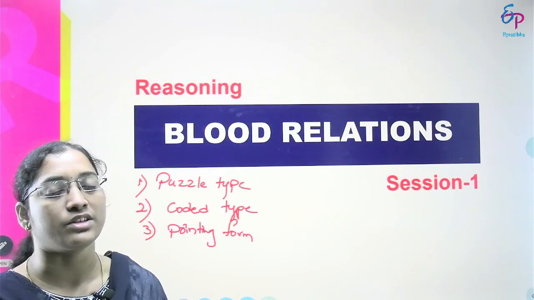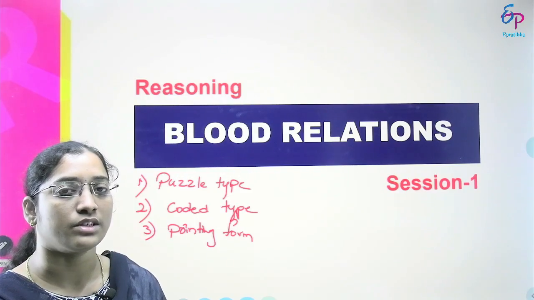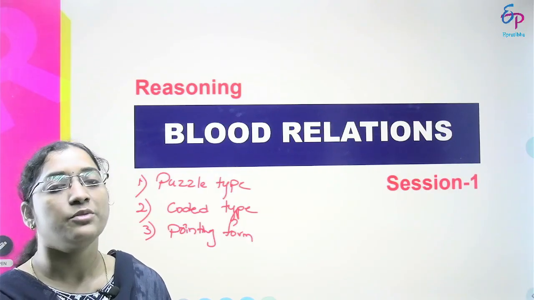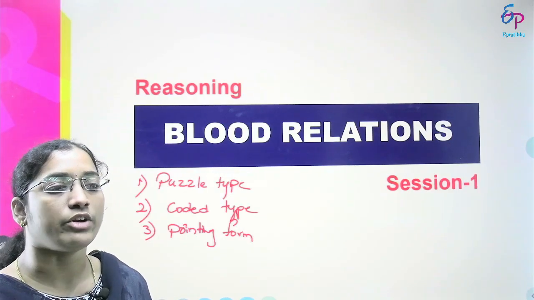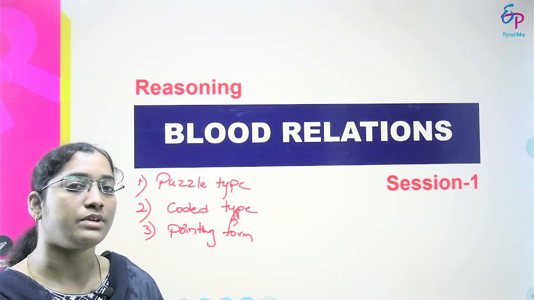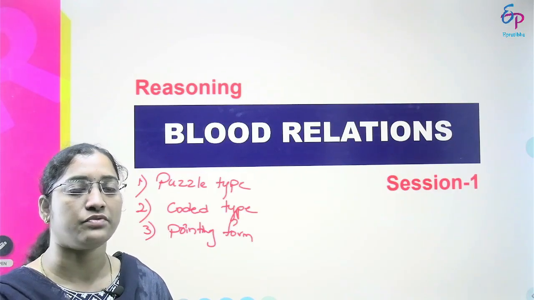If the given question is a puzzle type question, we use one process to solve it, and if you have a pointing form question, we use another technique. That means the solving method is different for different types of questions, but sometimes we use the same model also. That depends on the question information only.